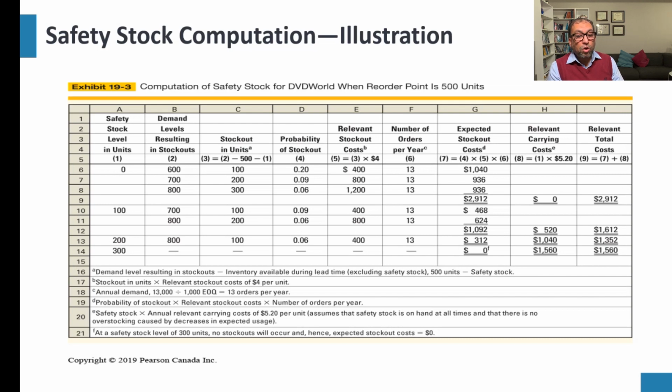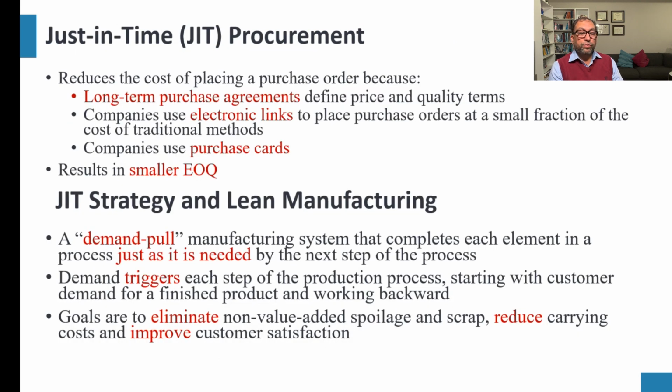So these are the costs. And number of orders per year. Expected stockout cost: we multiply 4 with 5 and 6, so we get these values. Relevant carrying cost: we figure out the relevant carrying cost, and we also get the relevant total cost. And we see here that a level of 300 units is the safety stock.